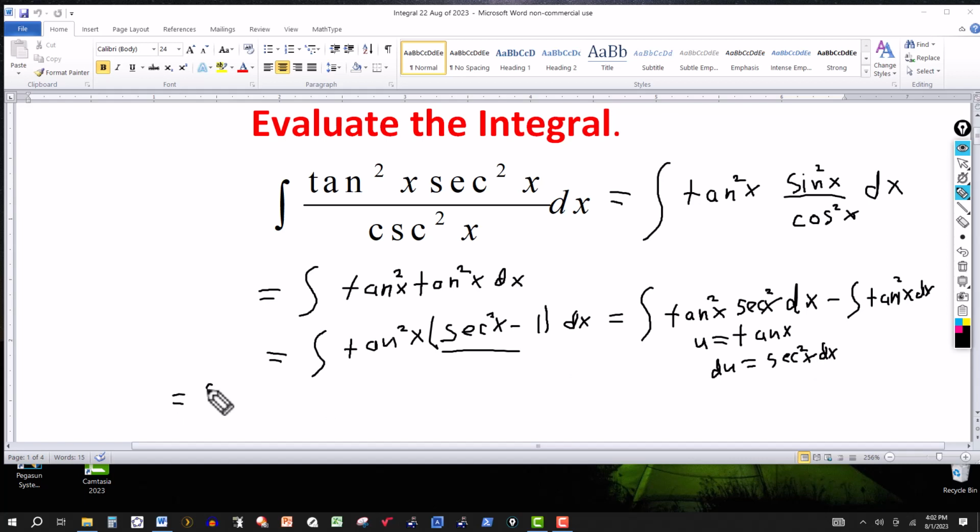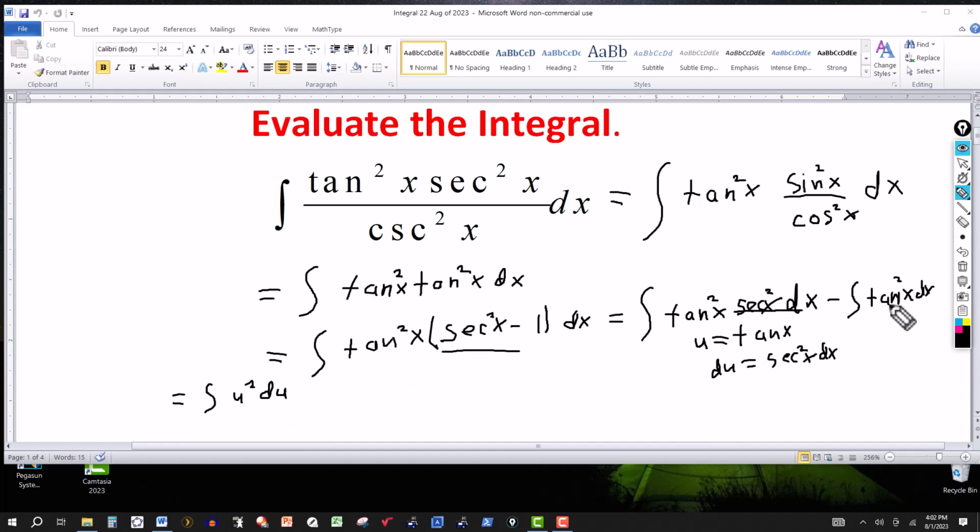So I'll rewrite this integral then as, u is tangent, so this tangent squared x becomes u squared. And then the secant squared dx is du. And this is easy to integrate there.